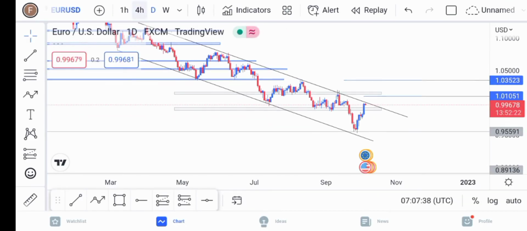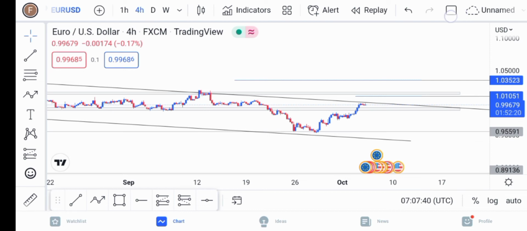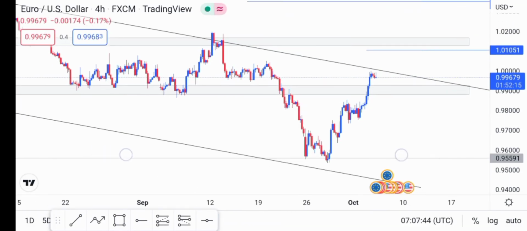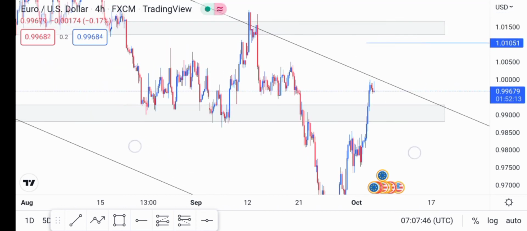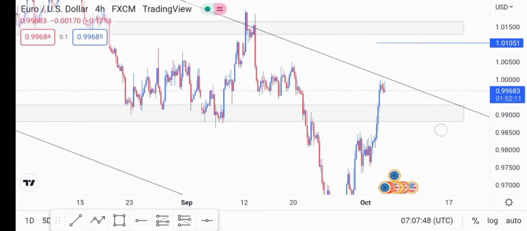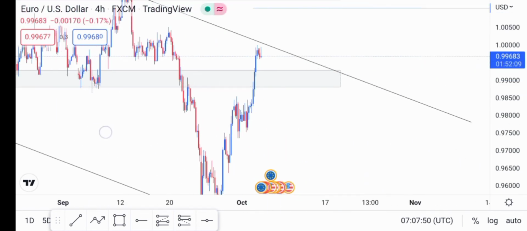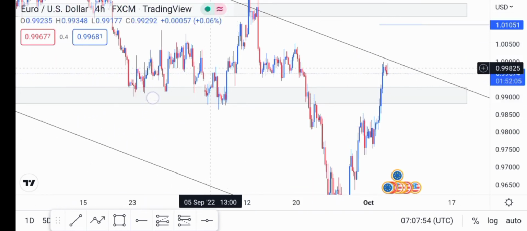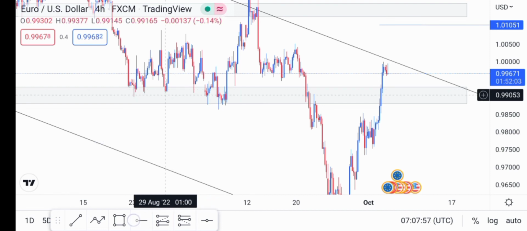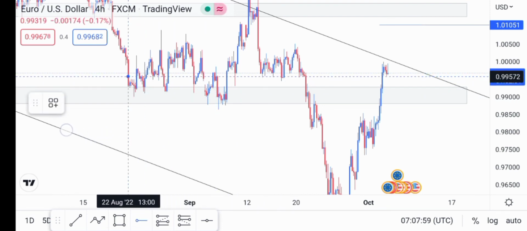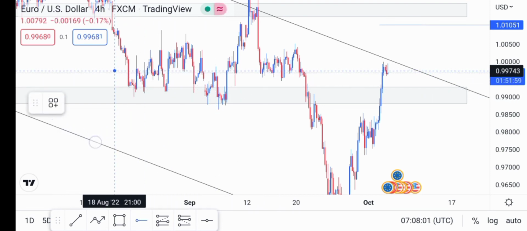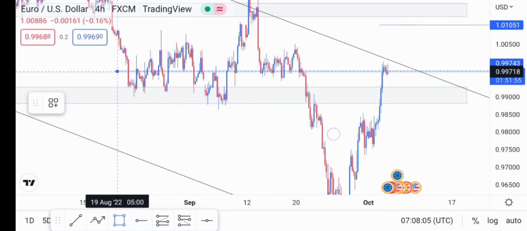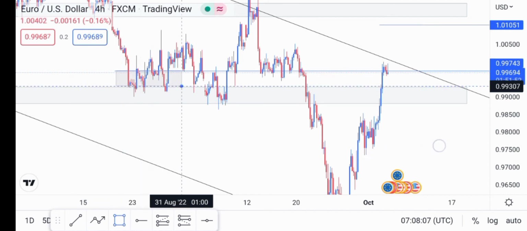to place some of the levels there, so you can know when is the right time to enter on this trade. So by the looks of it, if you look closely around this area right over here, you could see the market has respected this area.